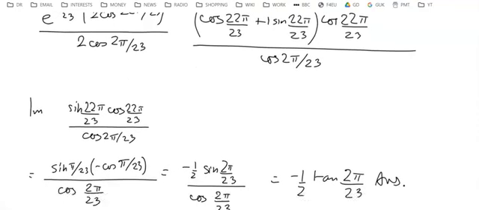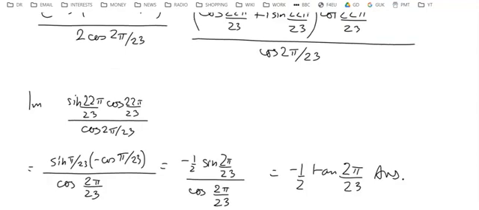We will obtain from that sin(π/23) times −cos(π/23) over cos(2π/23), which is minus half of sin(2π/23) over cos(2π/23), which is minus half tan(2π/23).